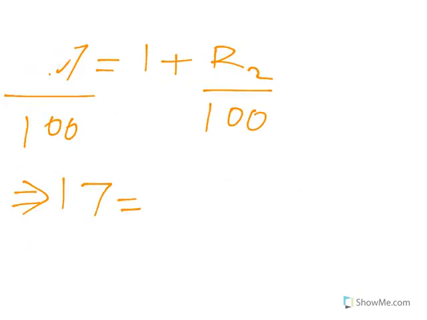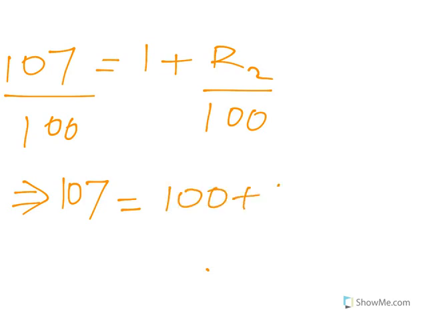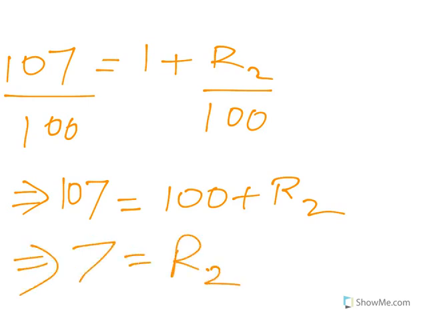Okay, that's bad. I'll fix it. 107. 107 is equal to 100 plus R2, yay. So 7 is equal to R2.